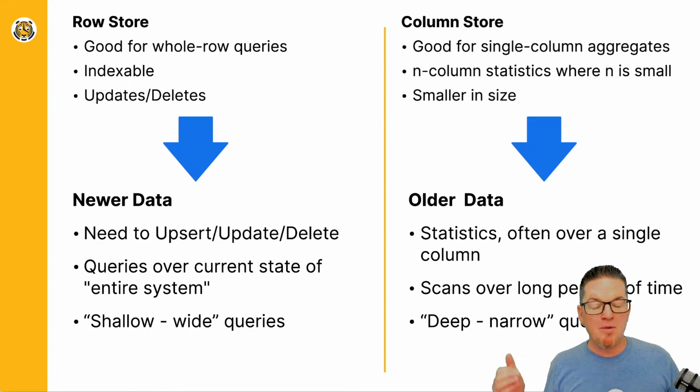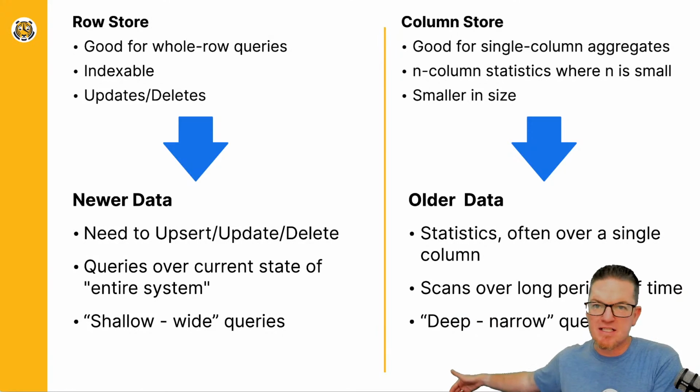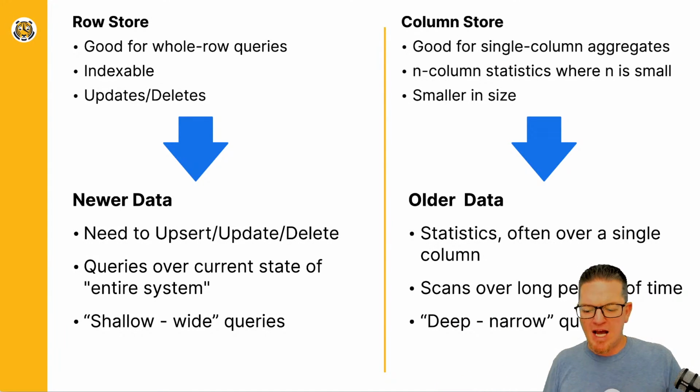But column store, again, thinking about how to implement compression in Timescale, really makes sense for older data. I know this data isn't going to change, so I don't need to worry about deletes and updates. And generally, I don't need to see the specific value of every column right now.